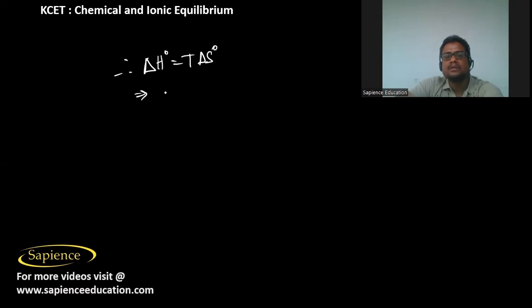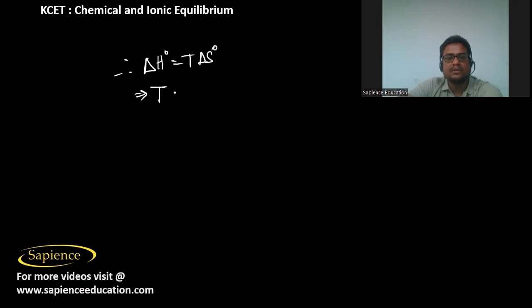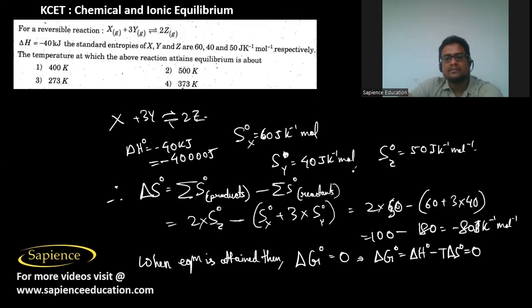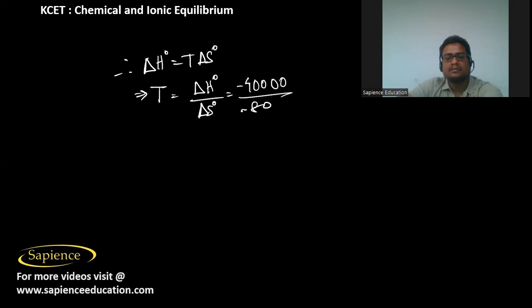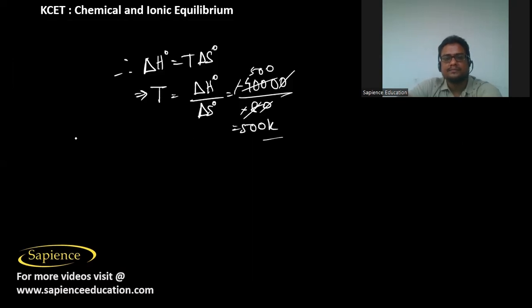So T will be equal to delta H naught divided by delta S naught, that is minus 40,000 joule divided by minus 80, and the answer will come in Kelvin. So that will be equal to 500 Kelvin. So option 2 is the correct answer.